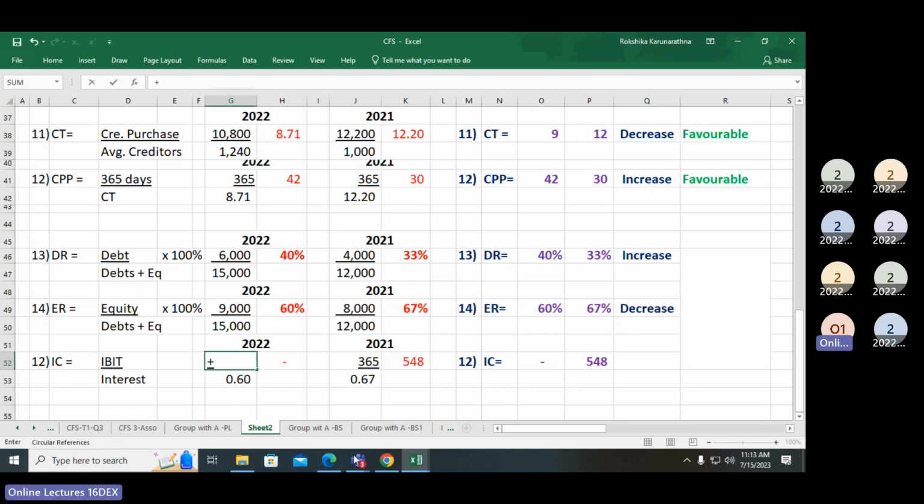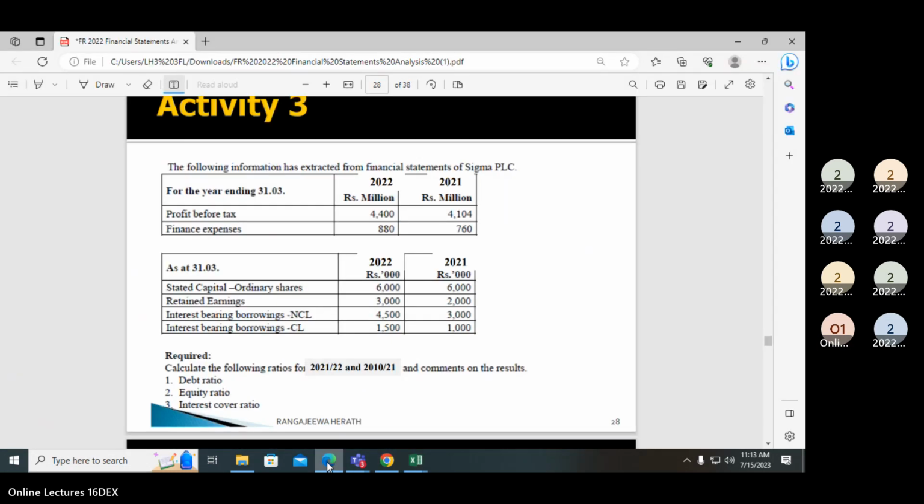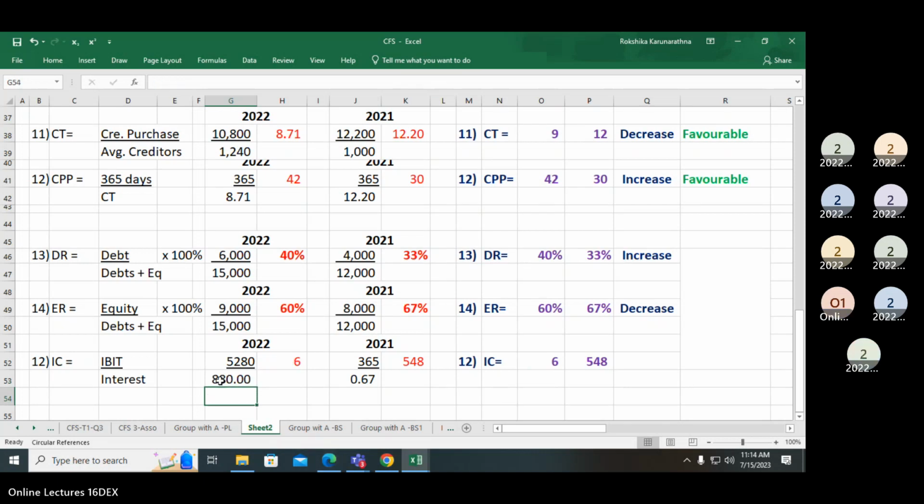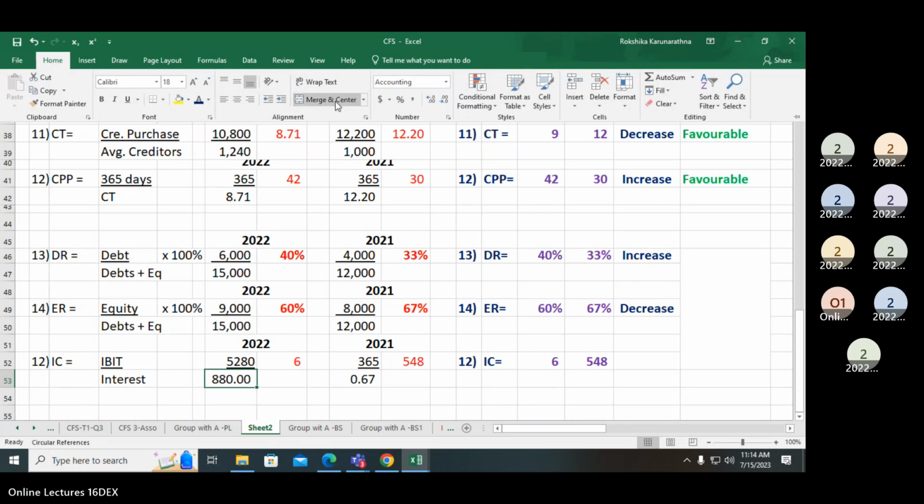The interest cover: 4,400 plus 880 divided by 880. We need to take the EBIT. We have profit before tax 4,400.